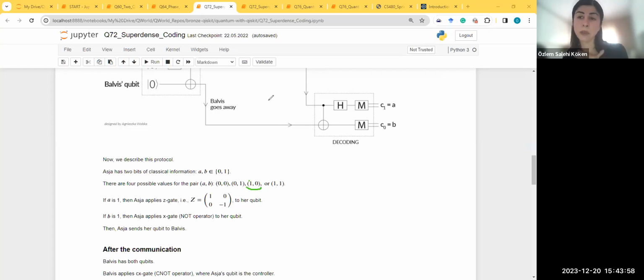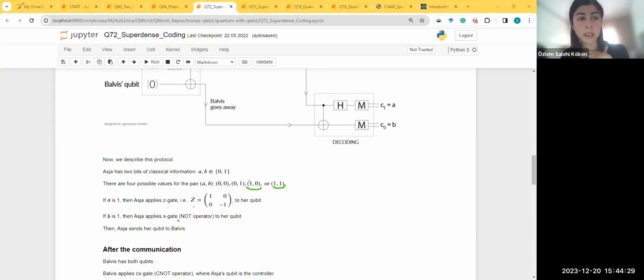If the message she would like to send is 11, then she applies both Z and NOT gate on her qubit. So depending on what her message is, she is applying some operations on her qubit, and then she's sending her qubit to Balvis. So we have quantum communication here. To send a message, we are sending a qubit.